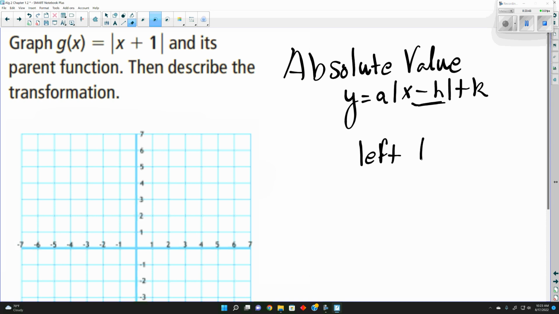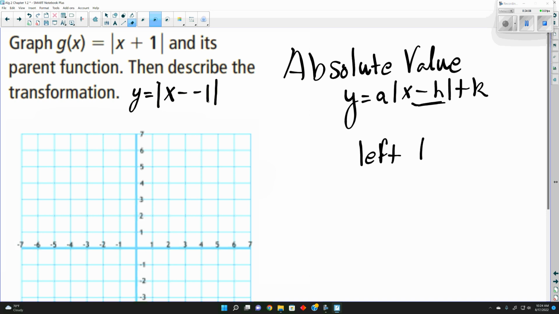Negative. So what we can really think of this as y equals the absolute value of x minus, because in the general function it's minus, it's not plus. But in order for this to work, the 1 is actually negative, because the negative and negative would give us our positive. So that's one way we can think about it.